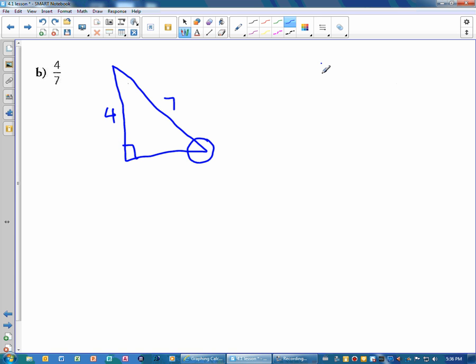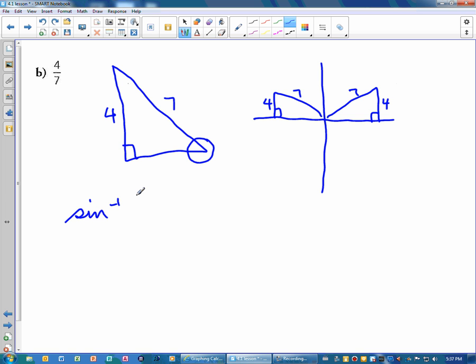But remember, it could be in both quadrants. So opposite over hypotenuse, or it could be in this quadrant, opposite over hypotenuse. So we have to ask our calculator what angle comes from a ratio of 4/7.